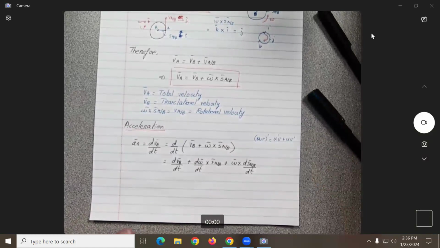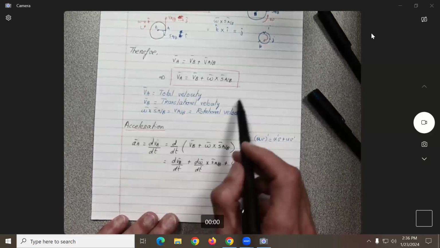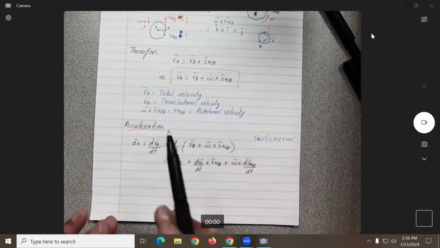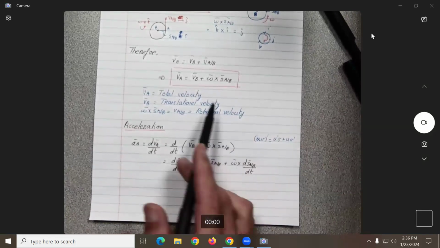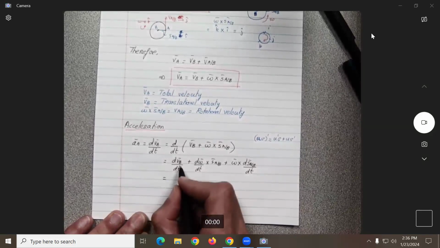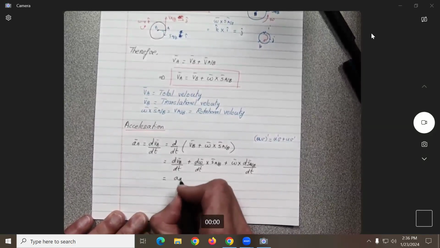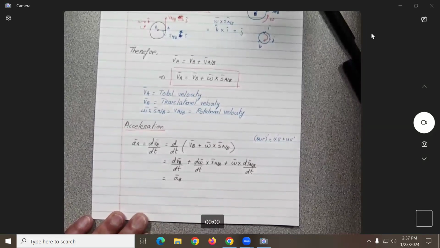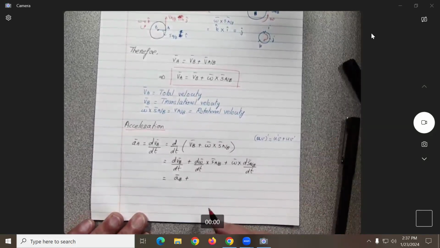Okay, I'm not going to ask you for the derivations, okay? But this expression here, you're going to memorize it. I have no doubt, okay? We're going to use it so much that you're going to memorize it. Okay, now let's look at this one. What is the physical meaning of dVB/dt? Acceleration of B. What is d omega/dt?